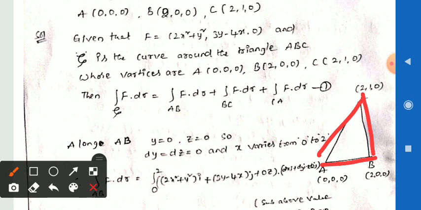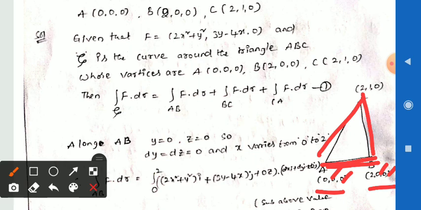First I am taking along this AB. In this AB the vertex of A is (0, 0, 0) and the vertex of B is (2, 0, 0). The y value and z value are the same. In the A coordinate the x value is 0 and in the B coordinate the x value is 2.